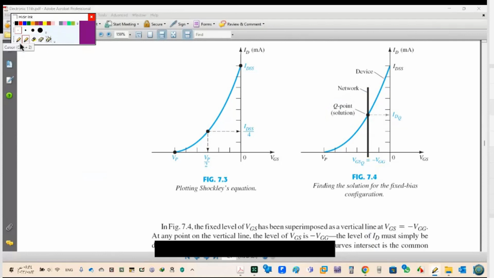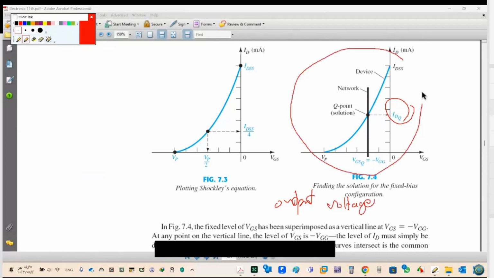In BJT we said IC equals beta IB, but here we don't have beta. So now we have ID. After that, you can calculate the output voltage. Because it's a nonlinear system, we are using the curve. That's why we are using the curve.